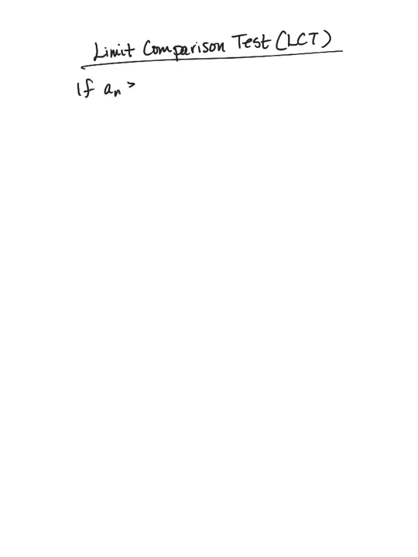If you have two positive series, that's what this means, and the limit of their ratio, now it doesn't matter which one goes in the numerator, the limit of their ratio equals some constant number, or we could do it the reverse way. Like I said, it doesn't make a difference.